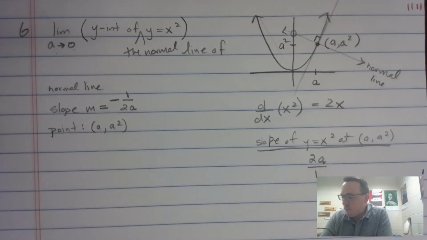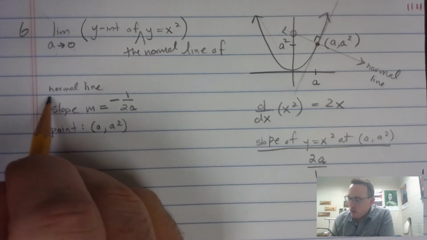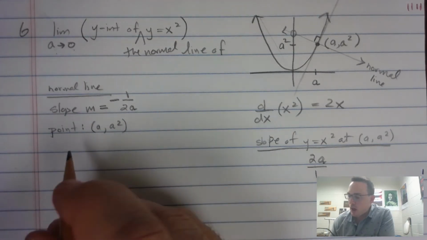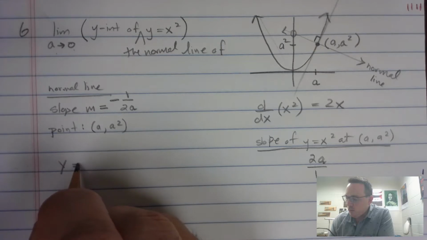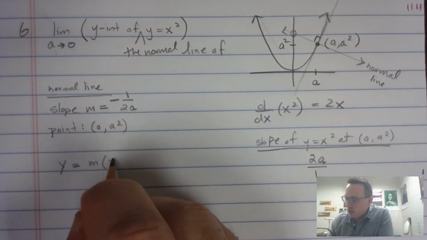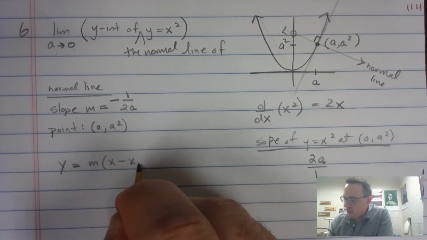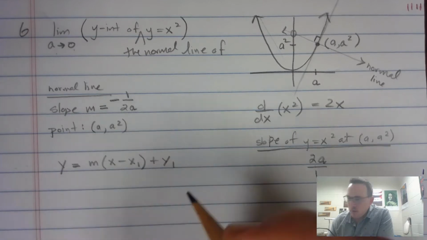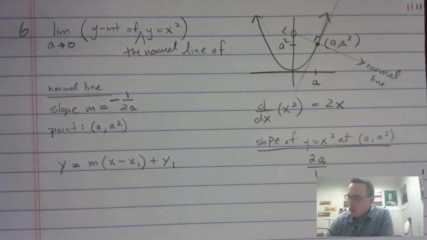So now we can write the equation of the normal line the same way we write the equation of any other line. y equals the slope, m, times x minus x1, plus y1, where x1 comma y1 is any point on the line.